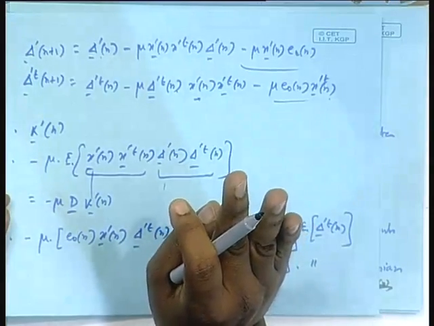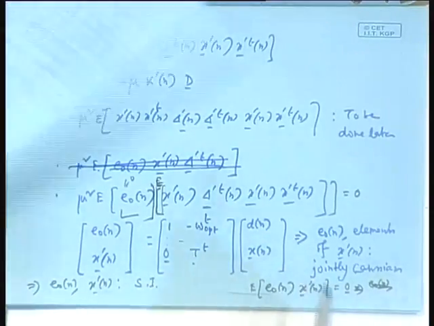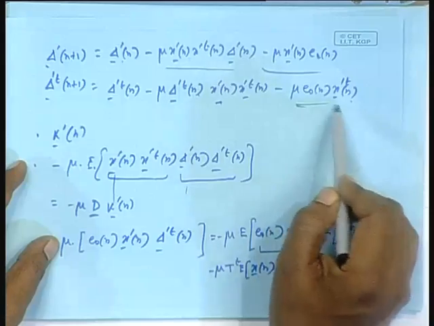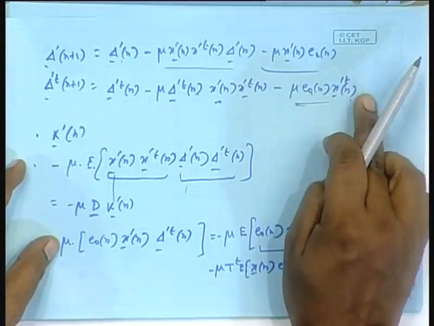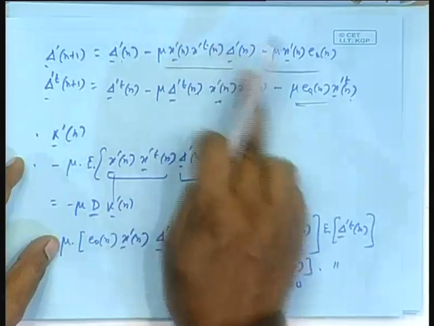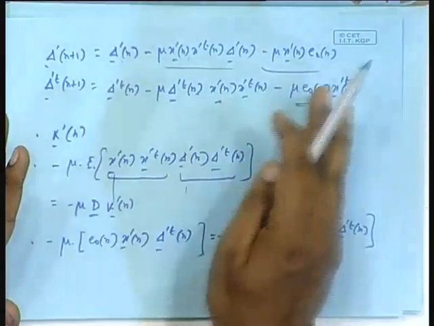Okay. Are you following? That same thing, this part I will use here also, where when I handle this product, these two will involve e0n. e0n is a scalar, you write e0n on the right hand side, and the rest x prime transpose this, the one hand. e0n is independent of that.